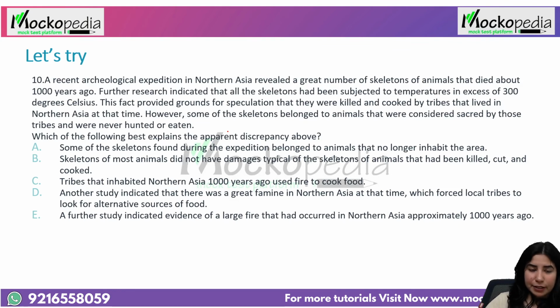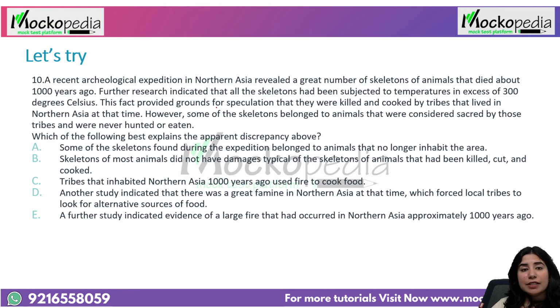So let's discuss. Which of the following best explains the apparent discrepancy above? So let's take a look at the discrepancy. A recent archaeological expedition in northern Asia revealed a great number of skeletons of animals that died about 1,000 years ago. Further research indicated that all the skeletons had been subjected to temperatures in excess of 300 degrees Celsius.